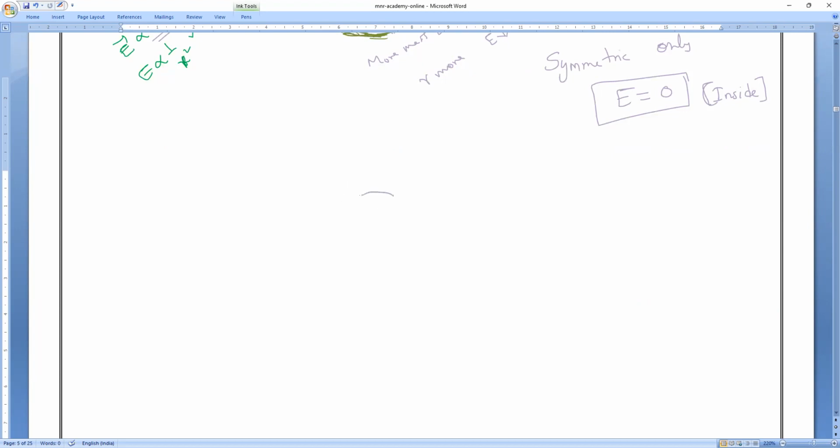For example, now I will give you another hollow cylinder which is non-symmetrical. For example, this is the hollow cylinder. Now you tell me, is it inside? Mass is not symmetrical. So what will happen, everybody? Mass is not symmetrical, so will E be 0? Please respond.